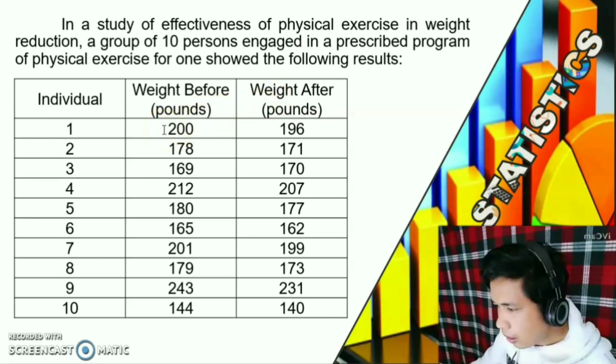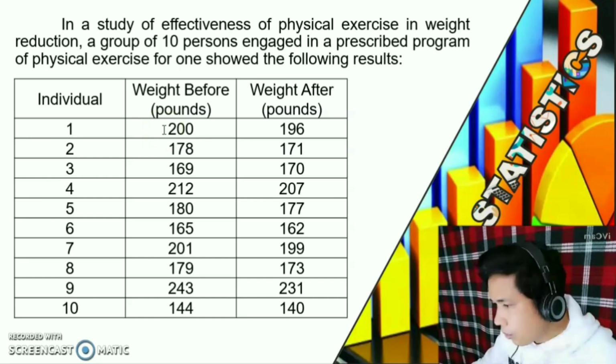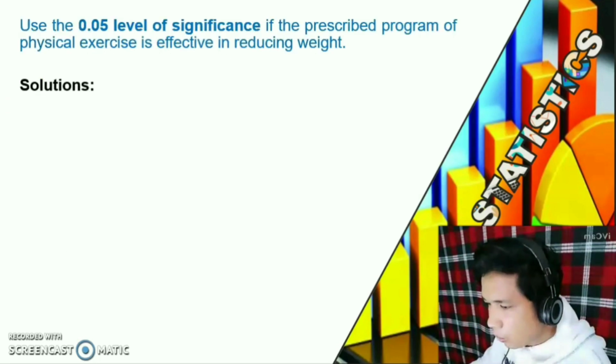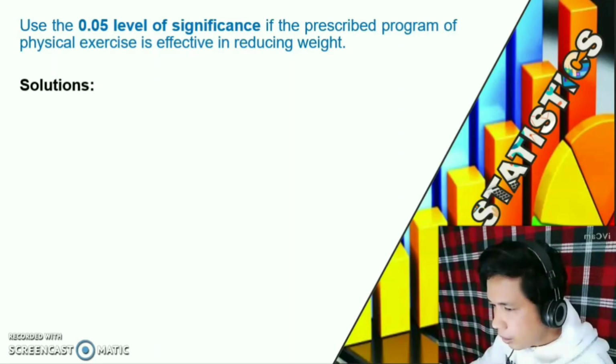Notice that in the given data, we have two outcomes. We have the weight before and we have the weight after. Now, we will use the 0.05 level of significance to test if the prescribed program of physical exercise is effective in reducing weight. Now we have our solutions.